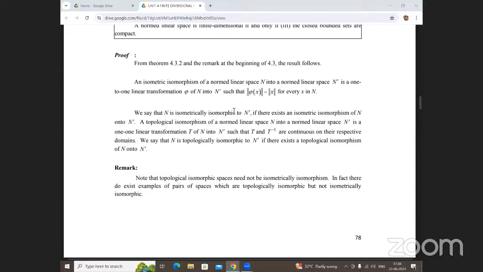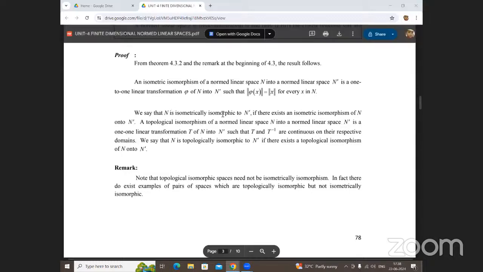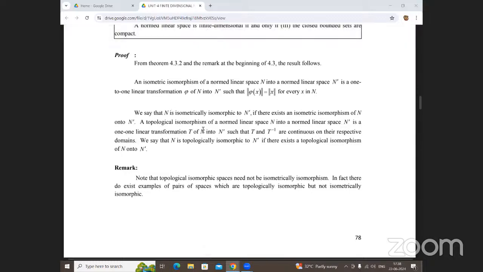Now between N and N dash, a topological isomorphism. Topological, we have already learned in the first year PG, fifth paper, topology.